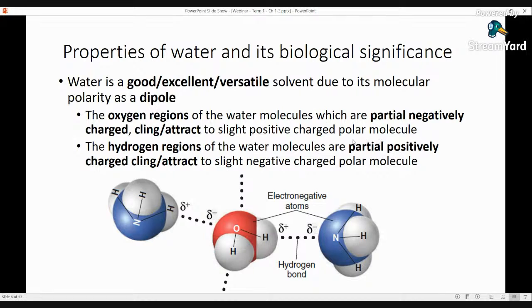The hydrogen regions of the water molecules are partially positively charged and attract to the slightly negative charge of polar molecules. Here you can see a water molecule and an ammonium ion, and their polar charges.